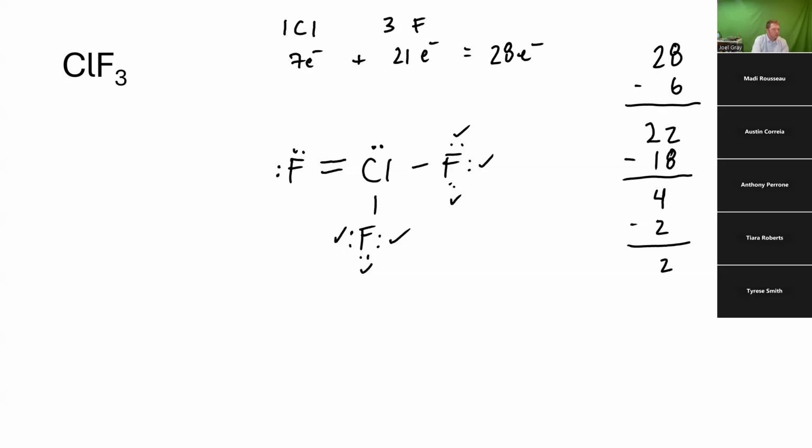Chlorine is an element that can exceed the octet. And if we do this, it does exceed the octet. But if we do that double bond, that doesn't resolve the problem that we have too many electrons to draw. So this is a place where you go, oh, wait, dot, dot, dot, dot. We put 2 lone pairs of electrons on there.